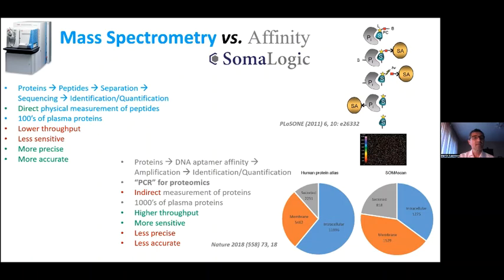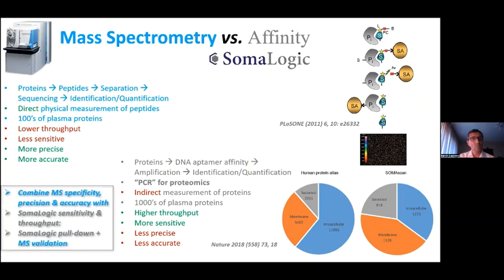However, in plasma, because it's so complex, you typically end up with hundreds rather than thousands of proteins. It's lower in throughput, it's less sensitive, but it's more precise and more accurate. So what we have done in our laboratory, we combined the best of both worlds, the MS specificity, precision, and accuracy with SomaLogic sensitivity and throughput, and that's actually our recommendation.